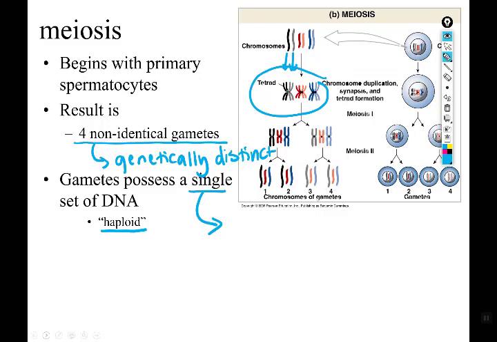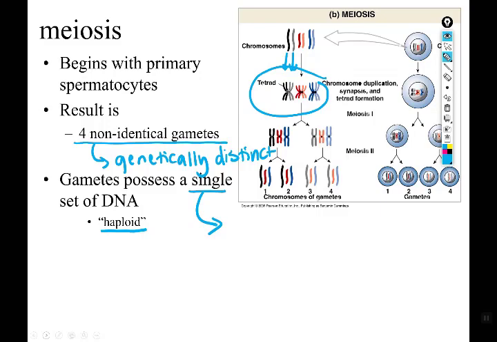If you divide that, due to independent assortment, maybe gamete number 1 has like 45% dad chromosomes and the remainder is mom or something like that. Typically it shakes out to be 50-50, but which 50 isn't consistent across gametes. So single set of DNA just means a 50% amount with a variegated mixture of parental DNA.